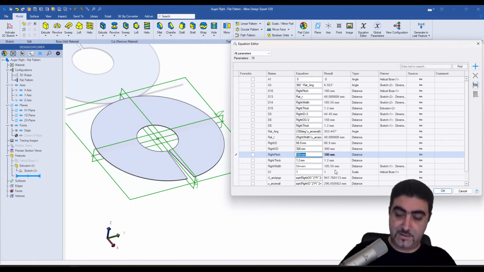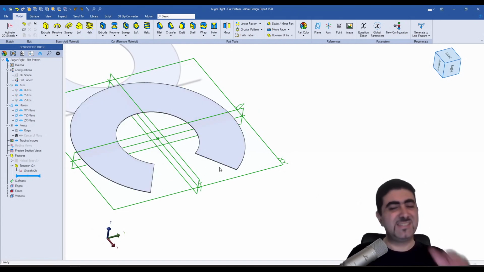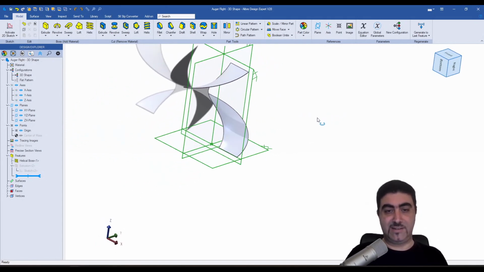So if I make this like 400, right? I hit OK. I'm not sure this will work. If you stretch this, I'm not sure it will have a 400 millimeter pitch, right? You see this is definitely not.